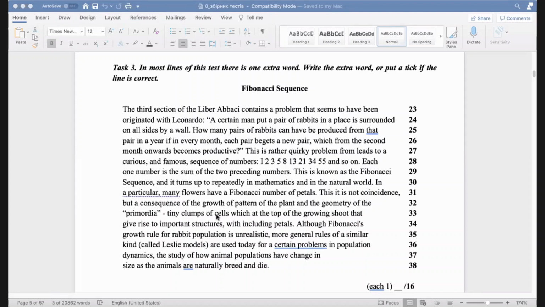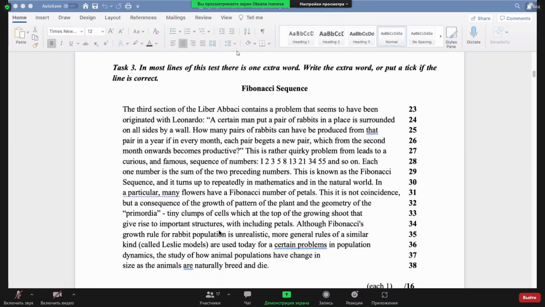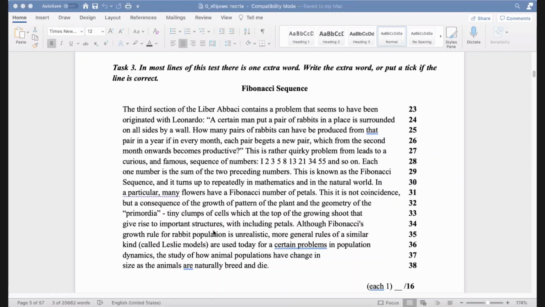Just a moment. Give rise to important structures, including petals. Can with is or which? Tiny clumps of cells at the top of growing shoot. Okay. This is an extra word, which. Okay. Okay. With. 34. With.